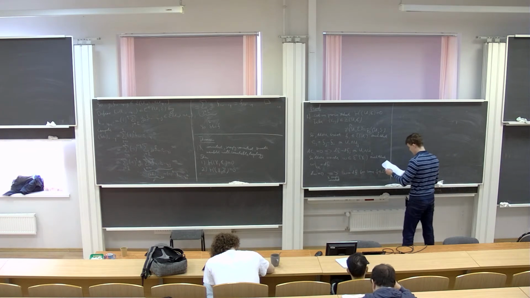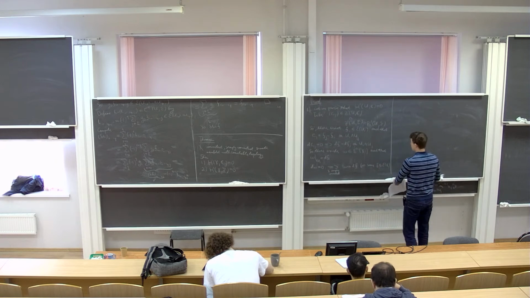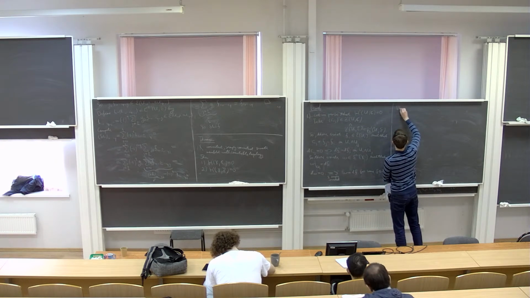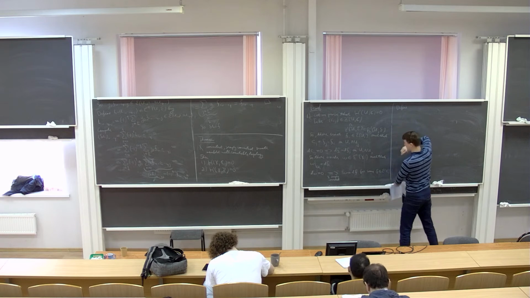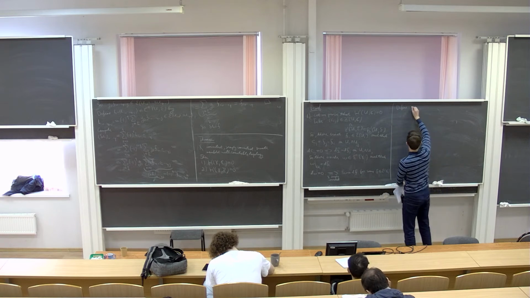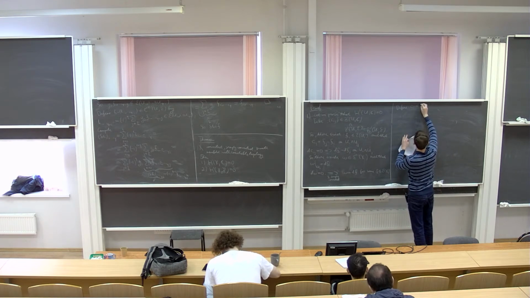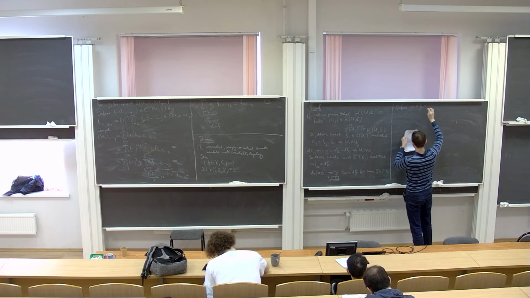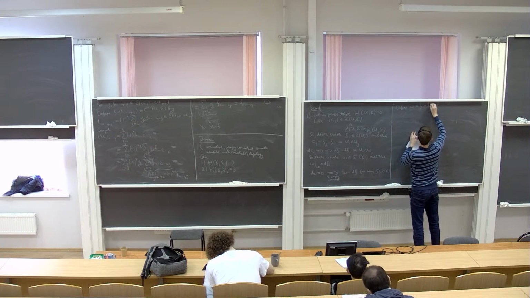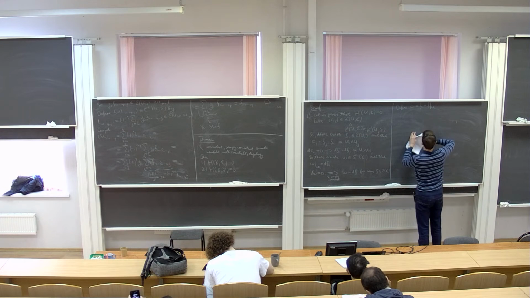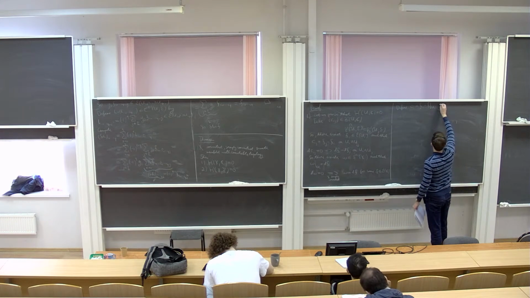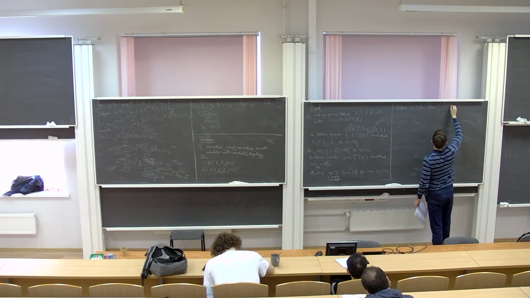Yes, and then we define Ci as Fi minus F restricted to Ui. So a priori it's a smooth function on Ui.